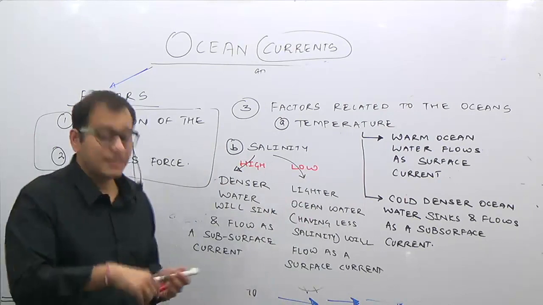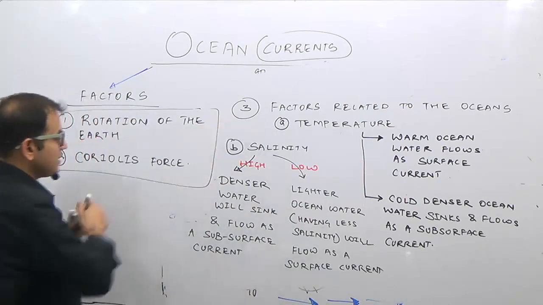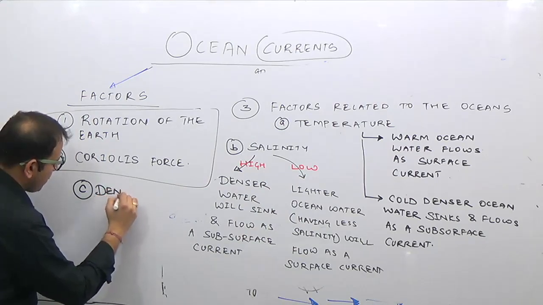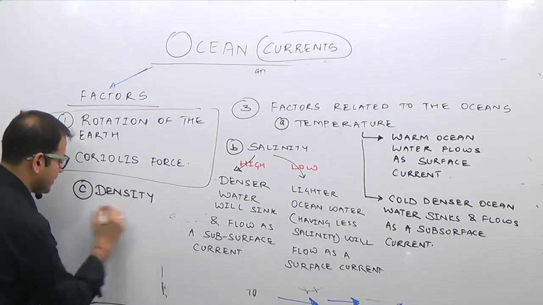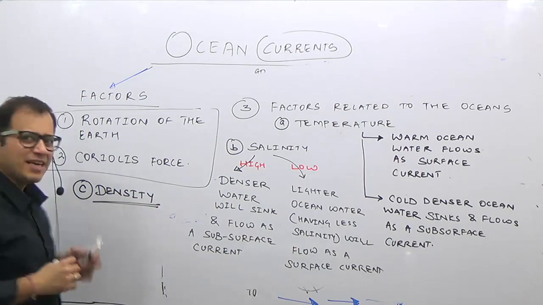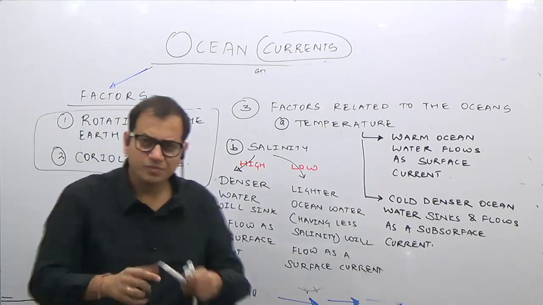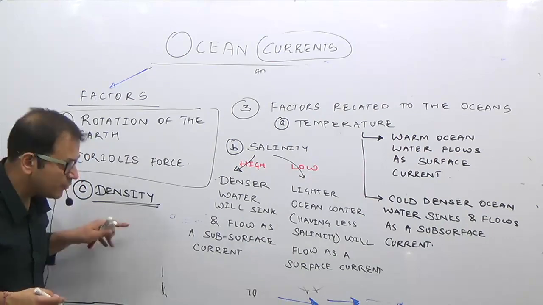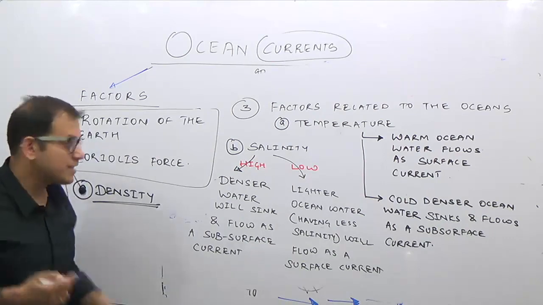That means the third factor, after temperature and salinity, is density. Again, the denser water will sink downwards and flow as a subsurface current, while the lighter water will flow as a surface current.